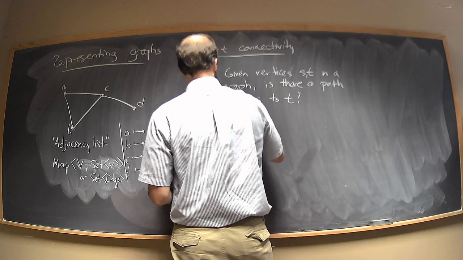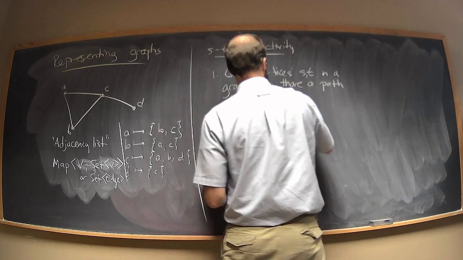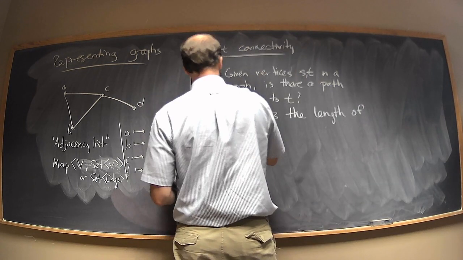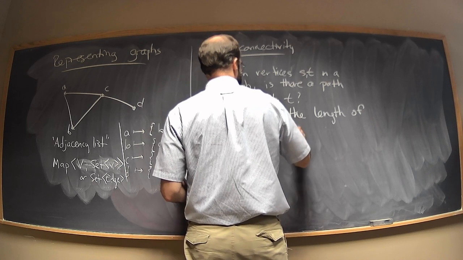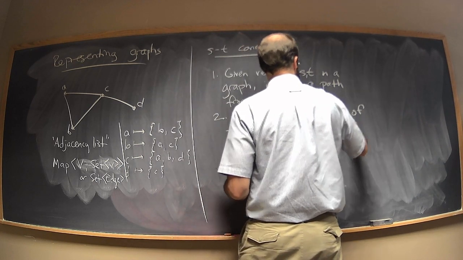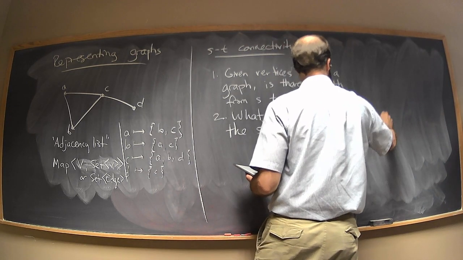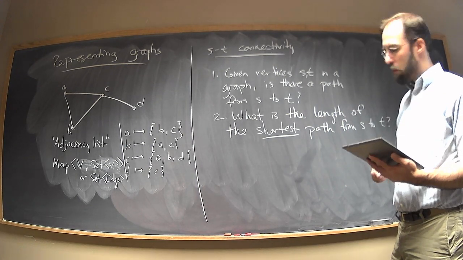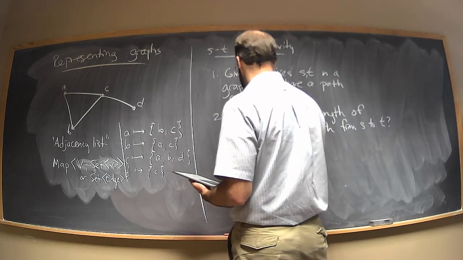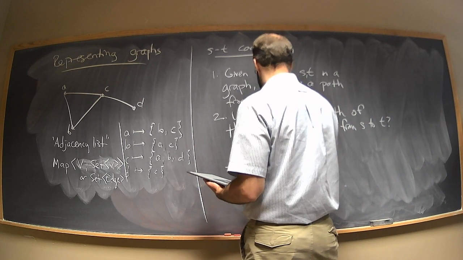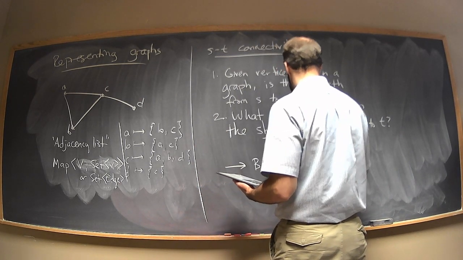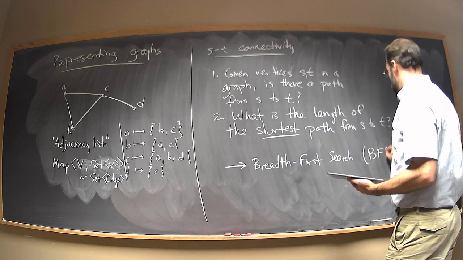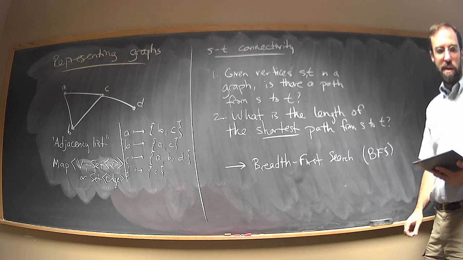So a related question we can ask is, what is the length of the shortest path from S to T? And we can answer both these questions with Breadth-First Search, which from now on we're just going to abbreviate as BFS.